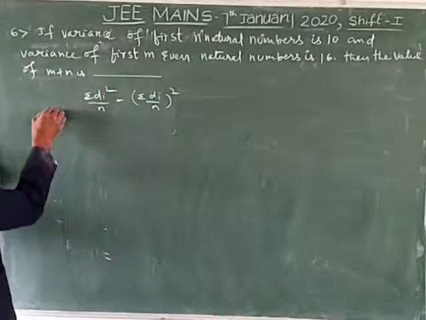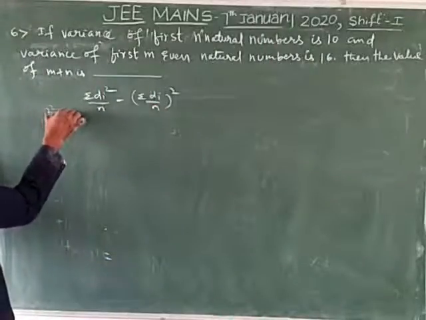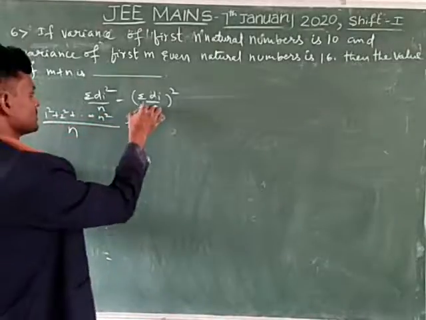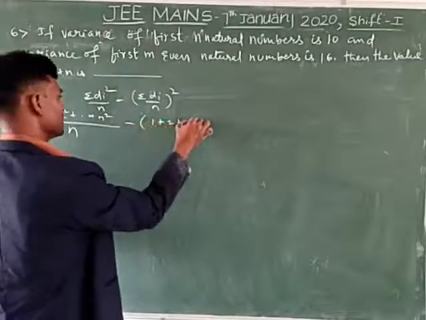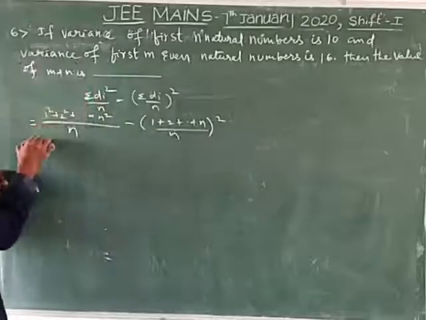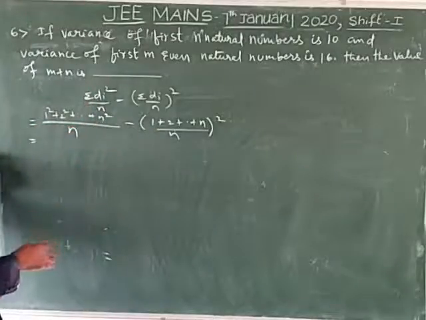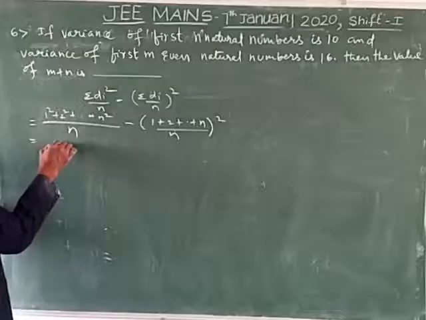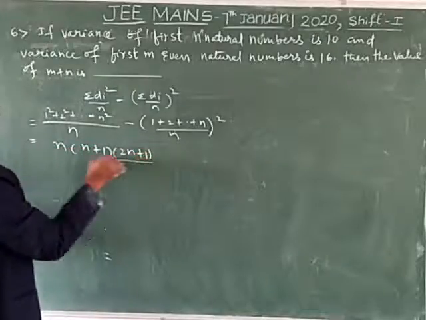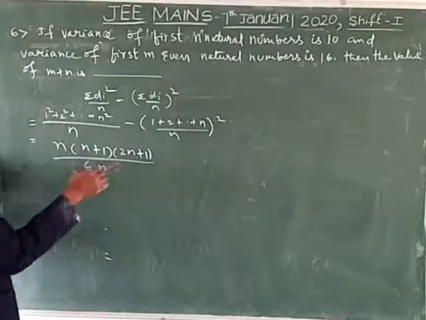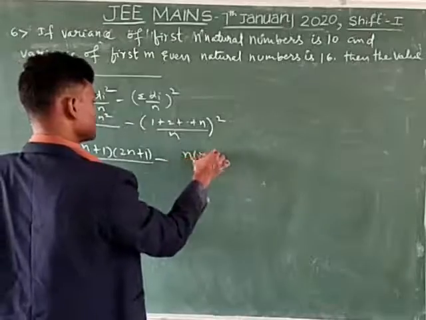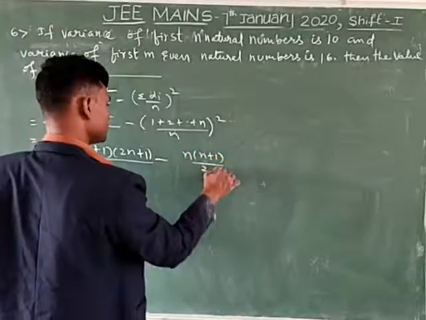Here 1 square plus 2 square plus 3 square up to so on n square by n, minus 1 plus 2 plus 3 up to so on n by n, whole square. Now the sum of the squares of the first n natural numbers is n into n plus 1 into 2n plus 1 by 6, divided by n, minus the sum of the first n natural numbers, n into n plus 1 by 2, divided by n, whole square.